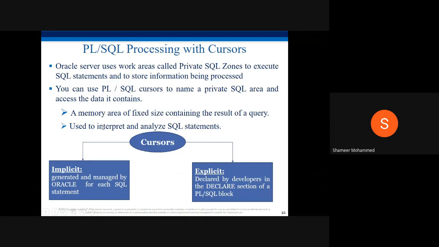Now, basically, you have two types, or two ways, of creating a cursor. One is known as an implicit cursor, and another is known as an explicit cursor. Implicit means the default cursor already provided by the DBMS software, Oracle.